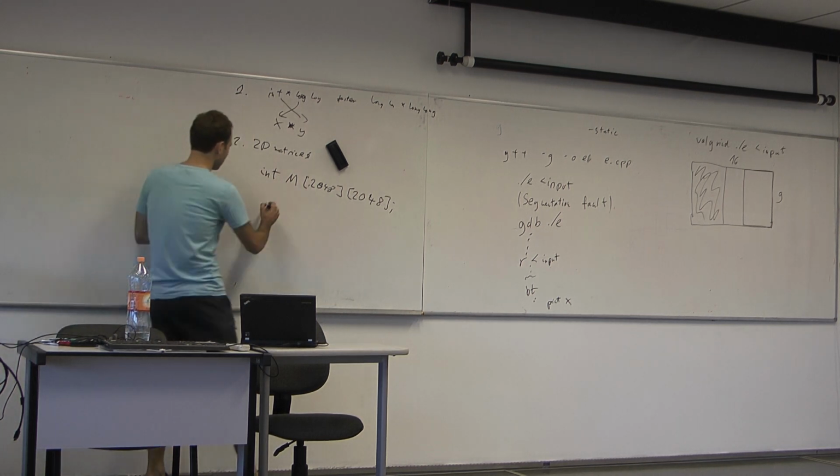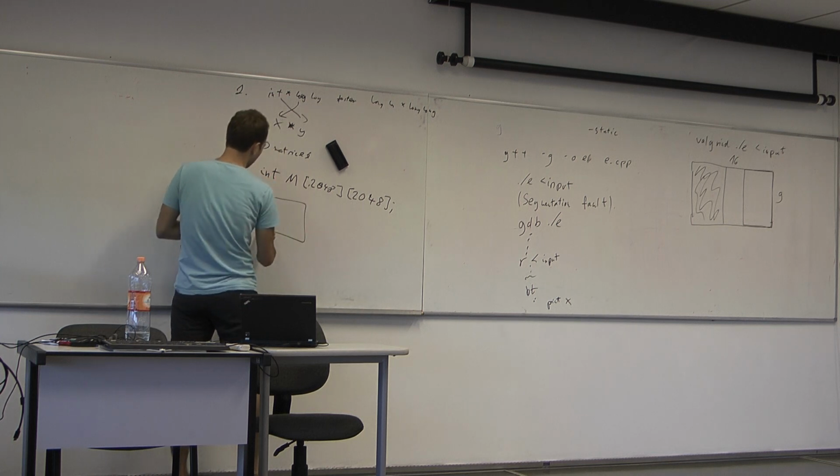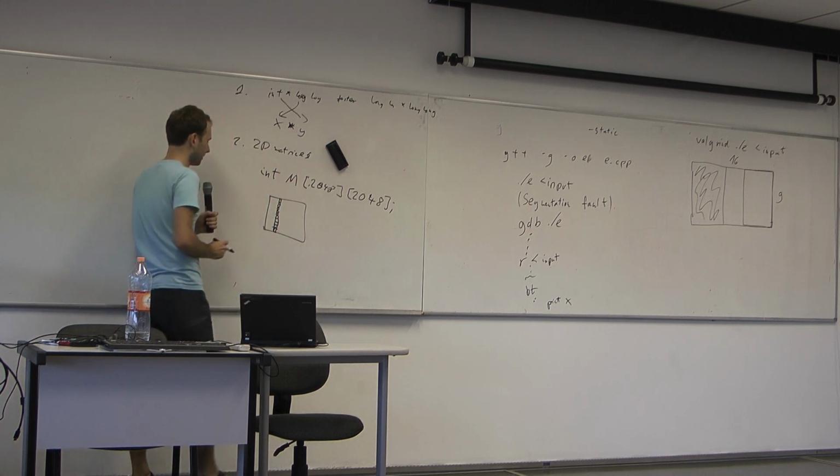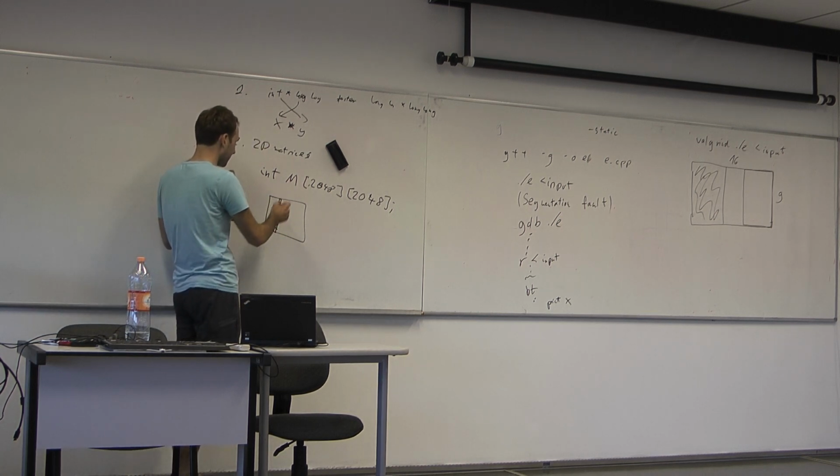So with an array of this size, for example, say all numbers in a column of the array have the same cell of cache assigned.